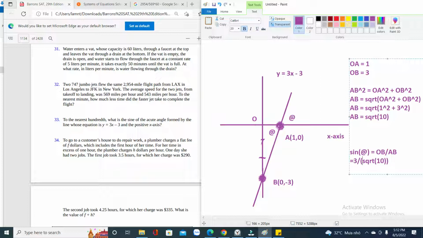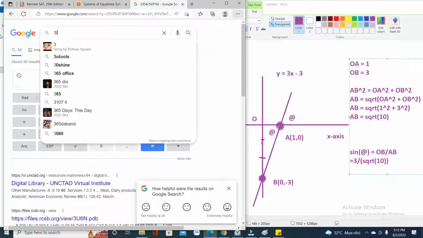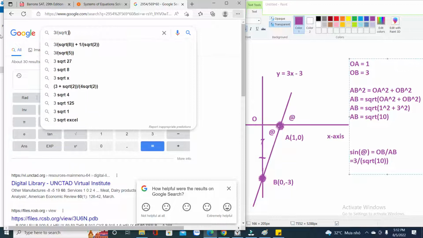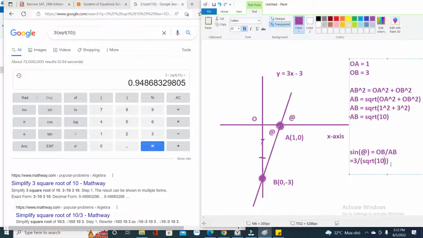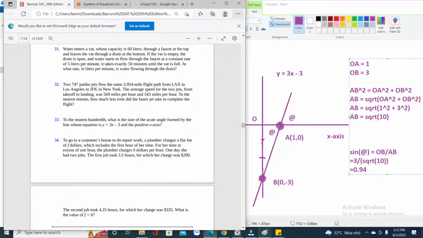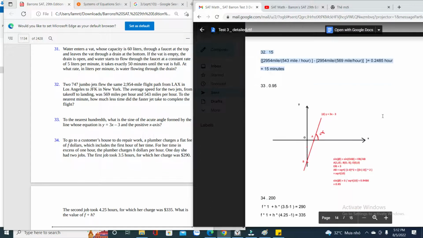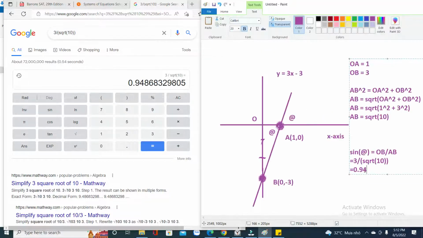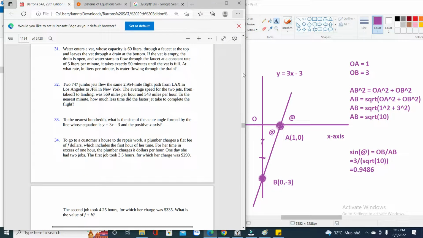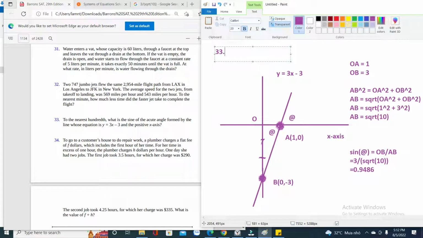So the answer is 0.94... the answer is 0.9486, and rounding to the nearest hundredth, for this question we're going to 0.95. Number 33 was 0.95.